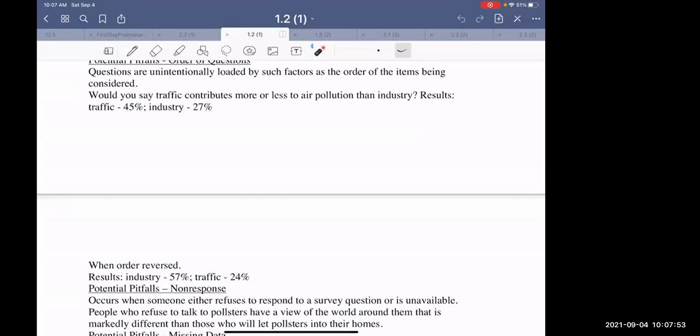So when people are given 2 choices, more people say the first choice, just because they do. They're more biased toward the first.